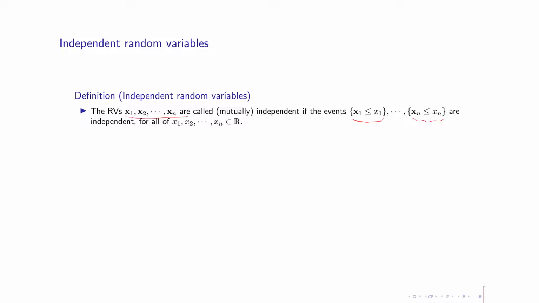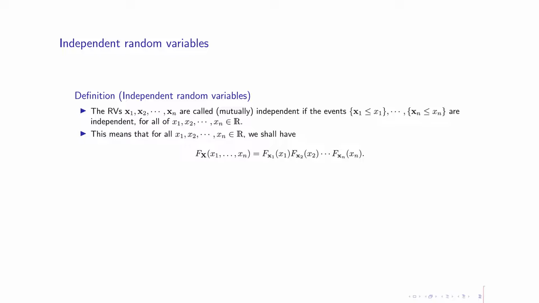That means their joint CDF, joint PDF, or joint characteristic function can be decomposed. For instance, this is the joint CDF of all these random variables, and this is the marginal CDF of X1 times the CDF of X2, etc.